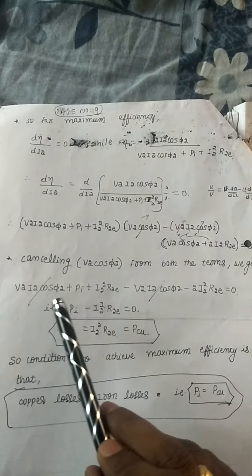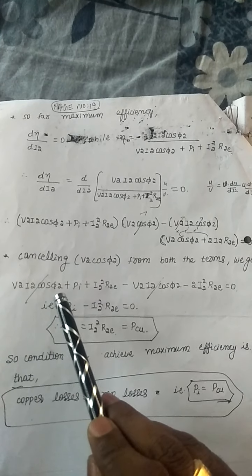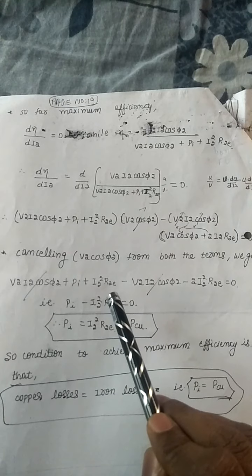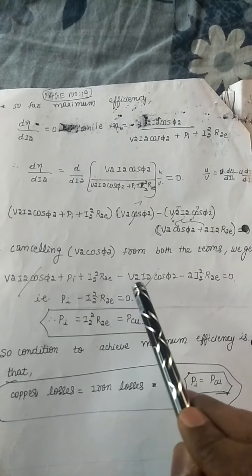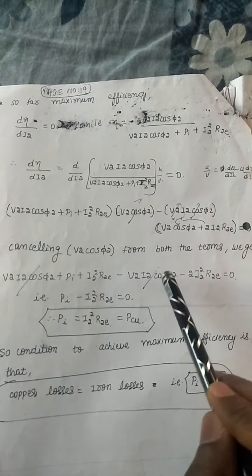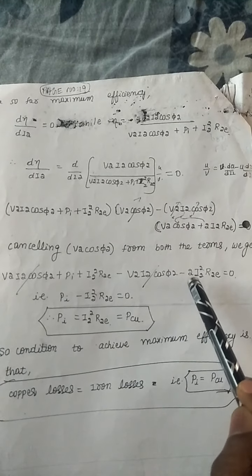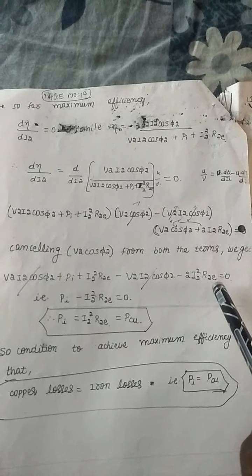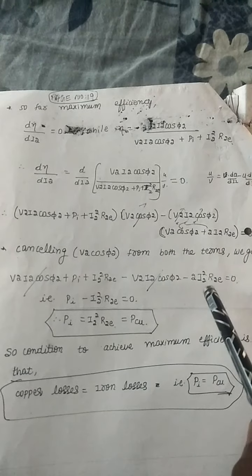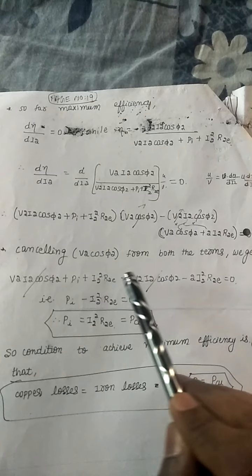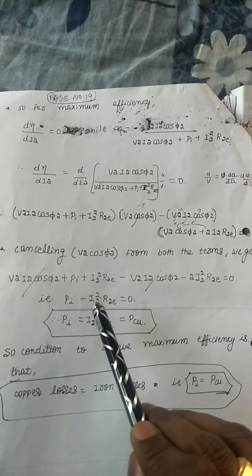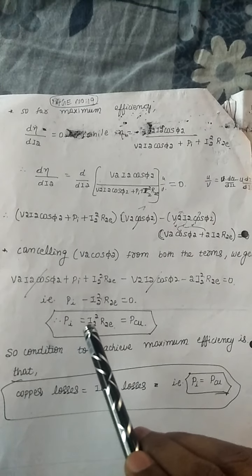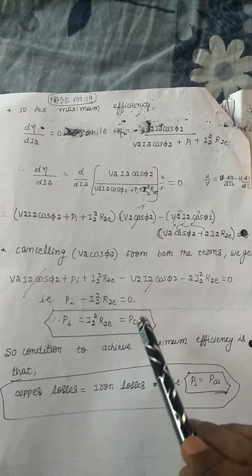Then you get V2 I2 cos phi 2 plus Pi plus I2 square R2, minus V2 I2 cos phi 2, minus 2 I2 square R2. Now minus 2 I2 square R2 plus I2 square R2, I can write as minus I2 square R2. The V2 I2 cos phi 2 terms cancel each other. Therefore, Pi is equal to I2 square R2, which is nothing but PCU.